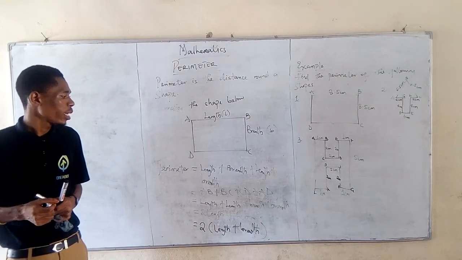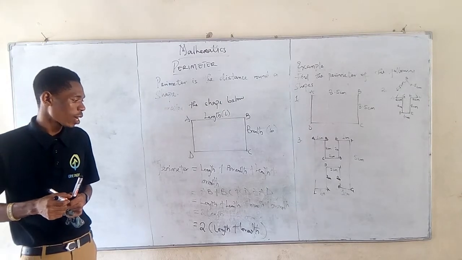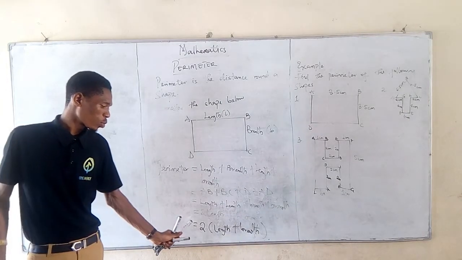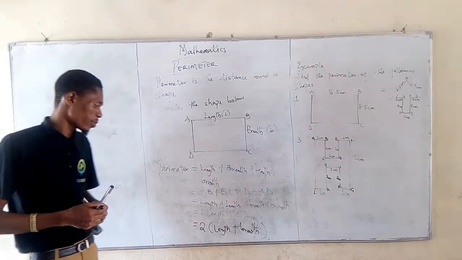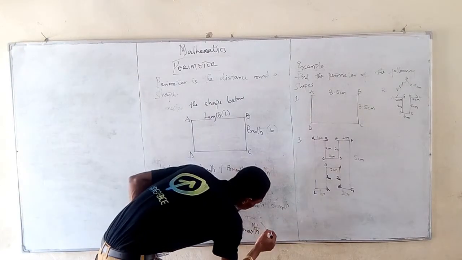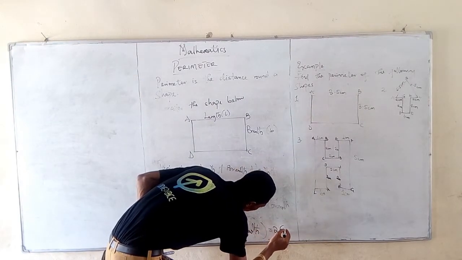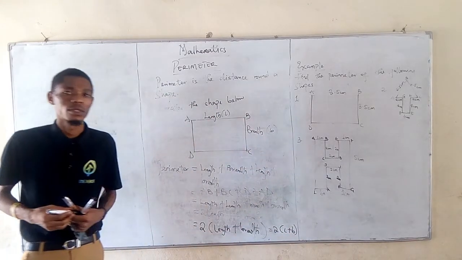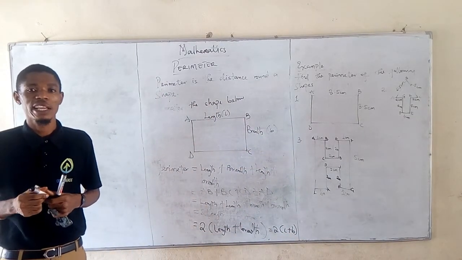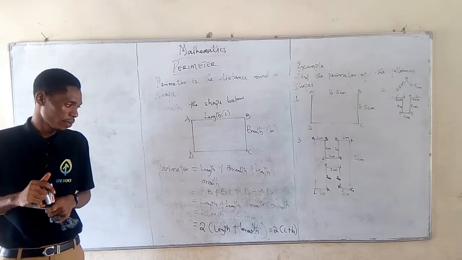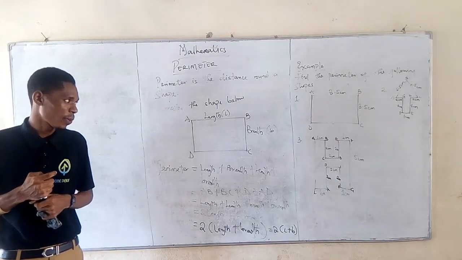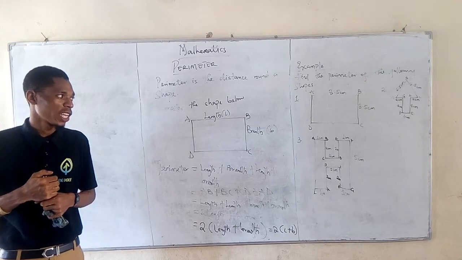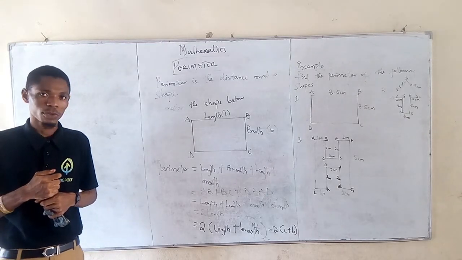So simply, the perimeter of a rectangle is equal to 2 into bracket length plus breadth, or you can write it like this: 2 into bracket L plus B. That is still correct. That is simply how to calculate the perimeter of a rectangle.